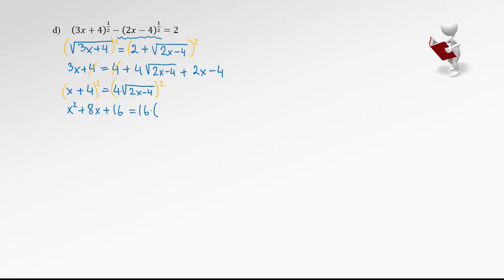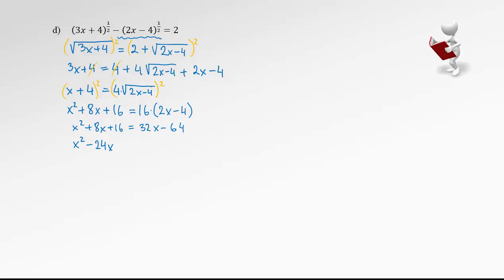So in the bracket is 2x minus 4, right? Okay, let's release the bracket. So we have 32x minus 64. Okay, copy the rest, and then bring everything to one side. So we have x squared minus 32 plus 8 is minus 24x, right?